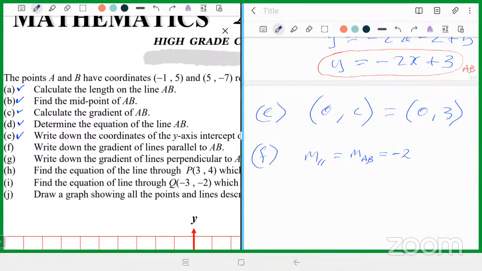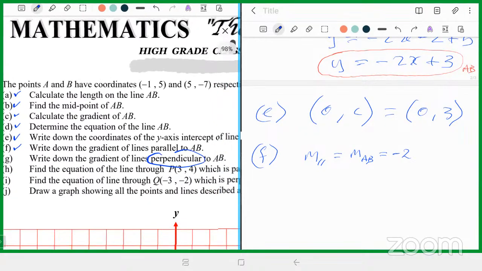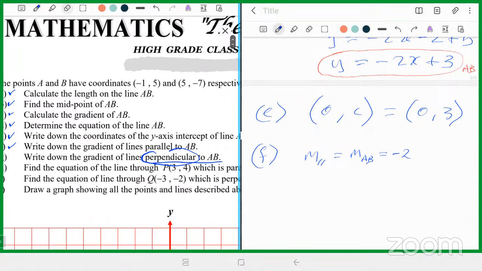Then now, part G is asking us to write down the gradient of lines now that are perpendicular to AB. Perpendicular lines to AB. And perpendicular lines have what we call negative reciprocal gradients. The gradient of perpendicular lines have a negative reciprocal relationship, meaning that the gradient of one line is equal to -1 divided by the gradient of the other line when they are perpendicular.